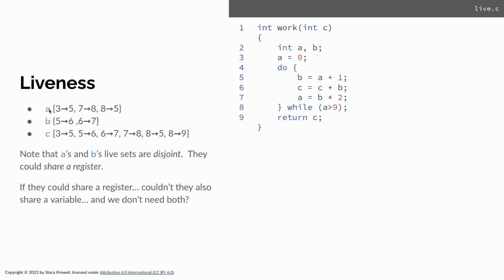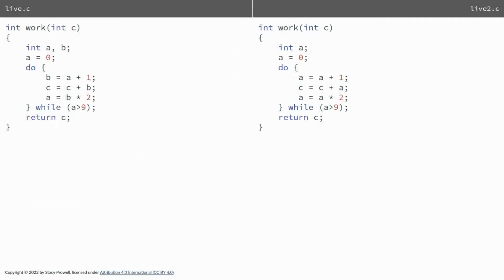This tells me that A is never live when B is live, and B is never live when A is live, right? I only ever have one of these two. Since they're never live at the same time, they could share the same storage. In fact, they could share a register or something like that. And if they could share the same storage, do we need both? And weirdly, it turns out you can discard one of them and it doesn't matter.